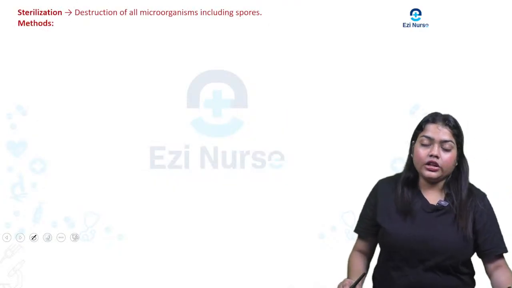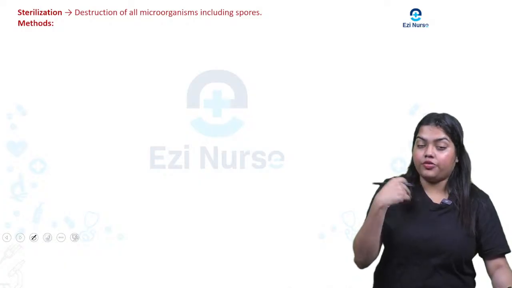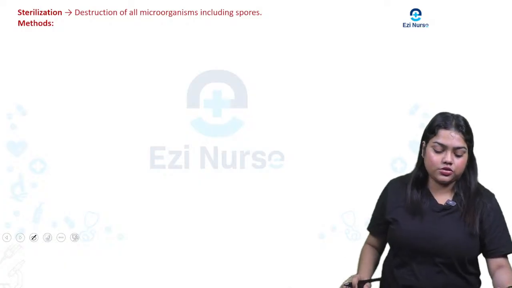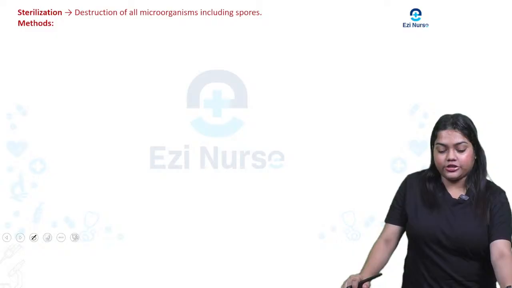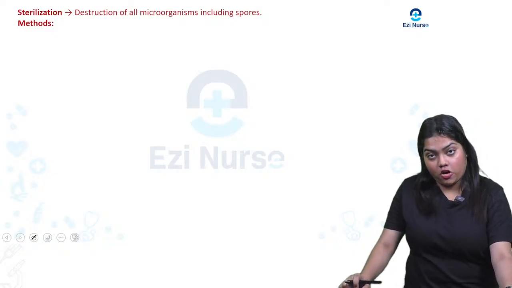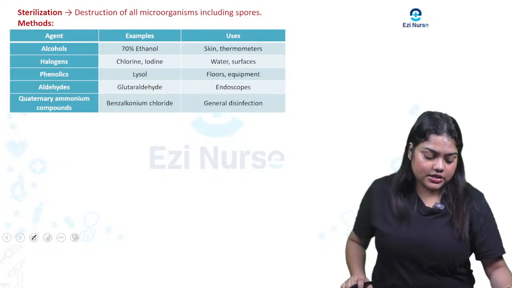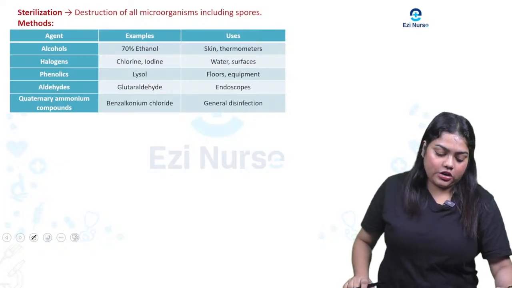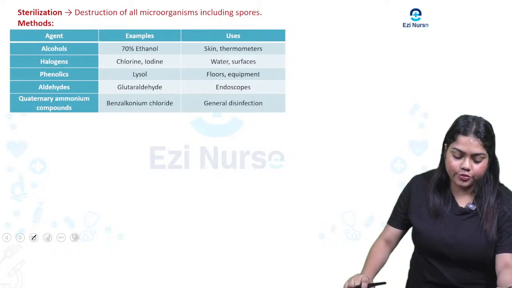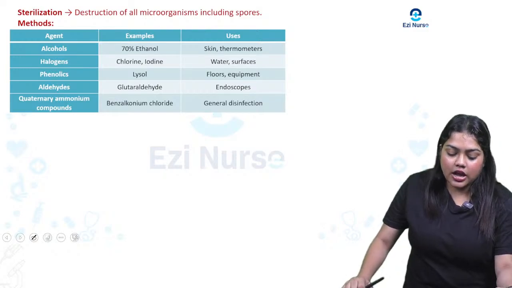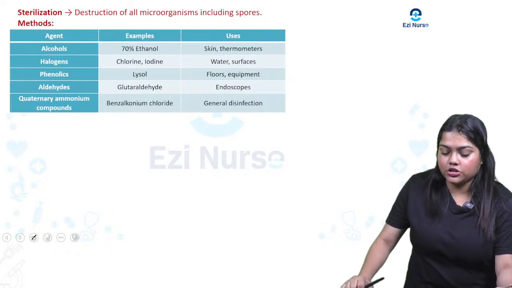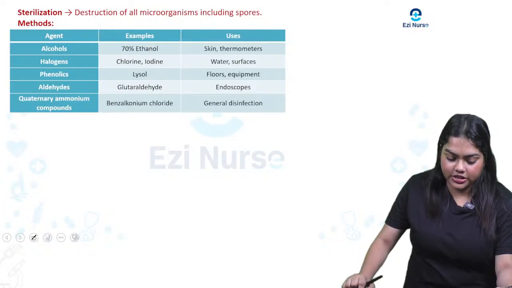Now, what is the sterilization method? First, sterilization is the destruction of all microorganisms including spores. The methods use alcohol, halogens, phenolics, aldehydes, and quaternary ammonium compounds. Alcohols, such as 70% ethanol, are used for skin and thermometers.